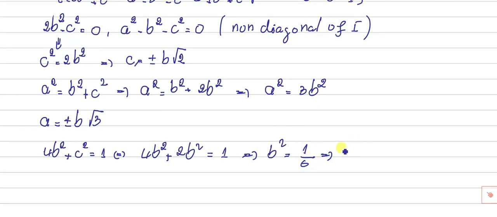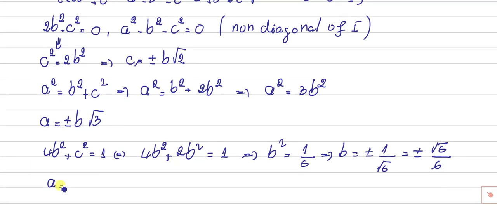So I got b is equal to plus or minus square root of 6 over 6. This is b.